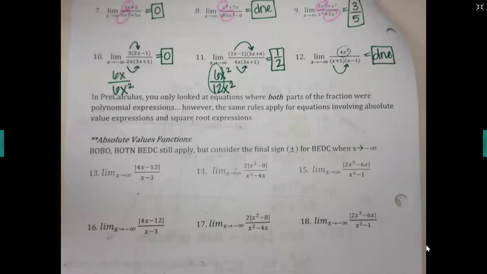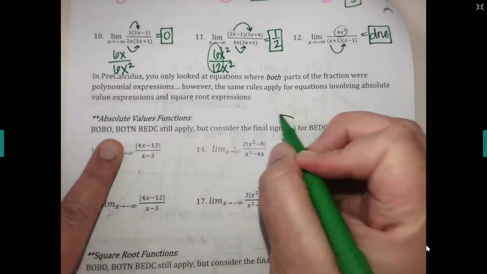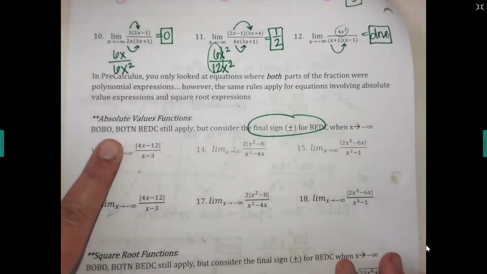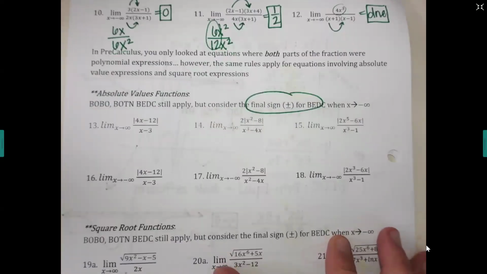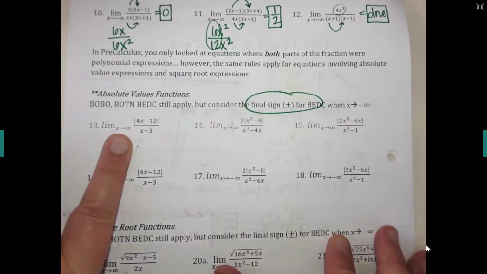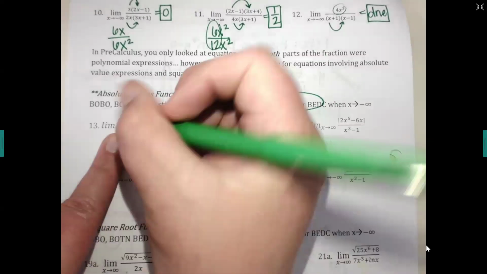Your Bobo, Botten, and Betsy still apply, but the final sign for a Betsy could come out to be negative or positive. So let me show you what I mean. Look at number 13. We're doing x to infinity. What is the biggest thing on top? 4x. These are absolute value bars.